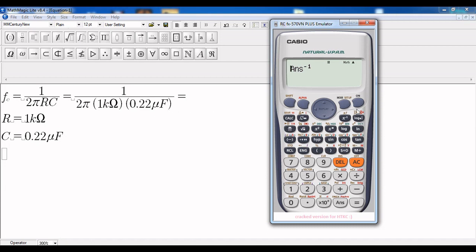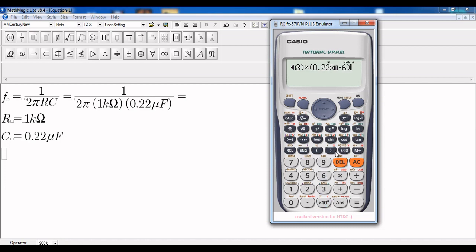Let me just repeat that. So 2 times pi times 1 exponent, oops, I forgot the parentheses, 1 exponent 3 multiplied by 0.22 exponent negative 6.